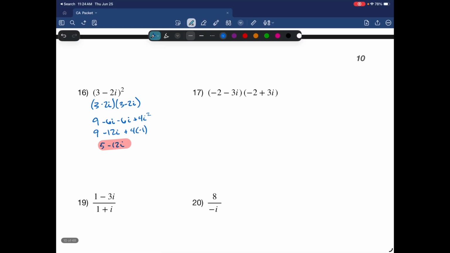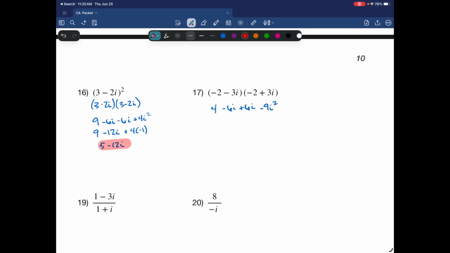So notice the difference. On 16, you had two binomials. They were the exact same, and they had the same sign. On 17, you have the same binomial, except one has a plus, one has a minus. So look what happens here. If I do negative 2 times negative 2, I get positive 4. Negative 2 times positive 3i is going to be minus 6i. Negative 3i times negative 2 is plus 6i. And then negative 3i times 3i is minus 9i squared.